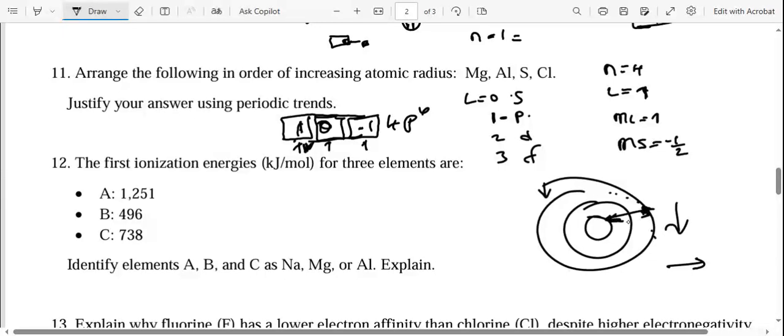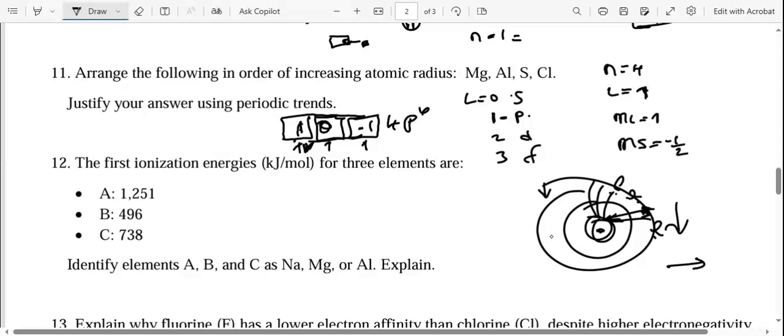The effective nuclear charge is the charge experienced by valence electrons, the electrons in the outermost shell, to the nucleus. So as you increase, the charge also increases, and it will reduce the radius because it will shrink because of the force that is getting bigger.